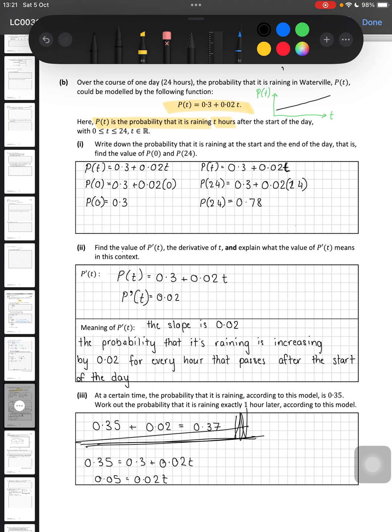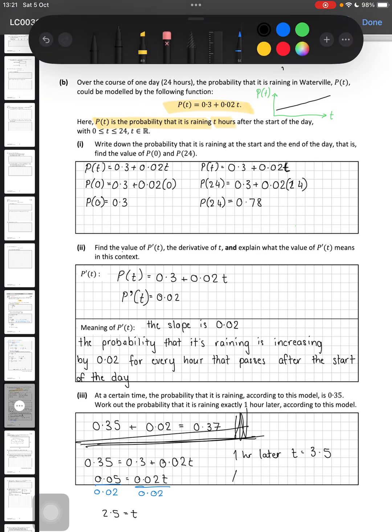And then we divide both sides by 0.02. So 0.05 divided by 0.02 is 5/2 or 2.5. So 2.5 is the time that had a probability of 0.35, which means 1 hour later, the time is 3.5.